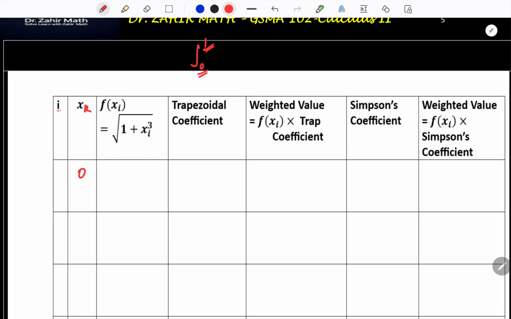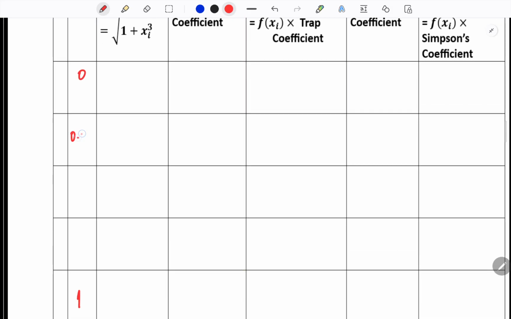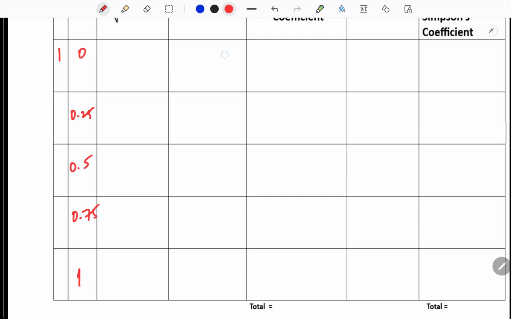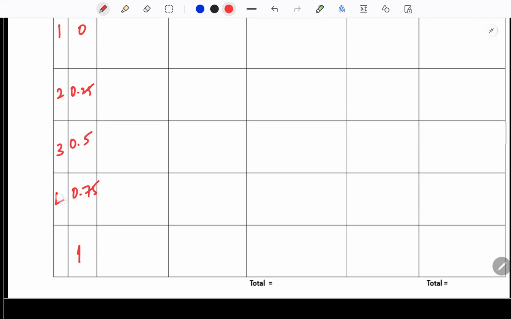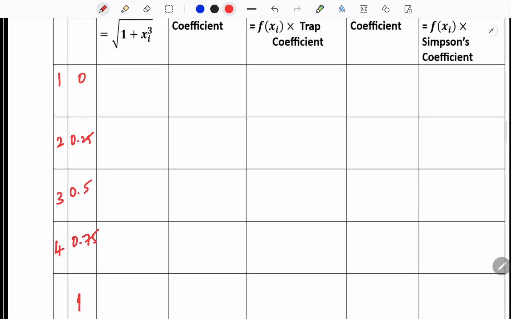So the iterated values start from 0, not from 1: 0, 1, 2, 3 and then 4.